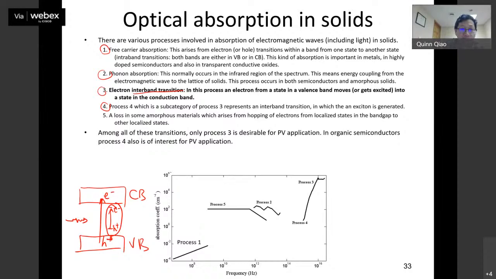That's process 4. Process 5 is in amorphous materials. This is the hopping of electrons from localized state to state, because in amorphous materials you don't have bands, you have a lot of separate states like this.